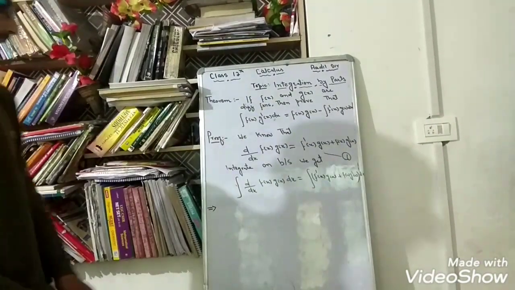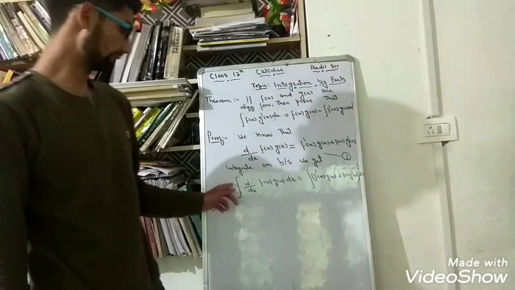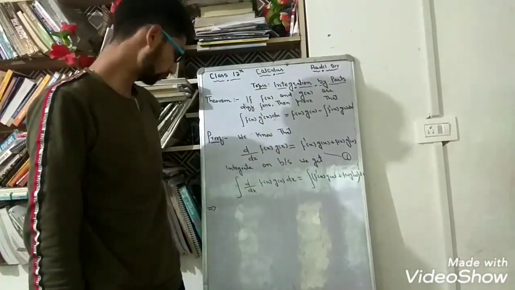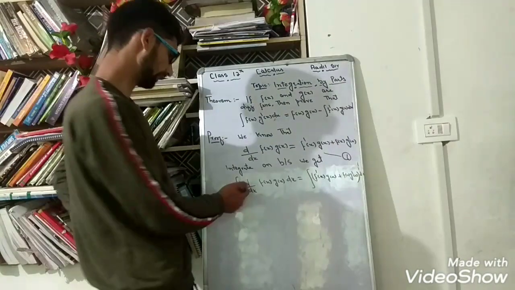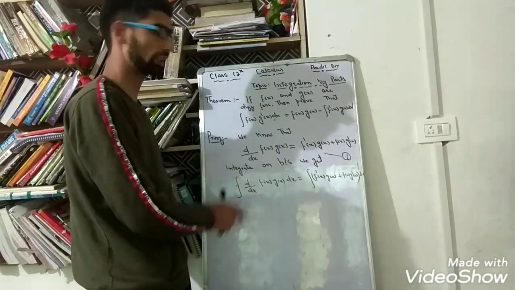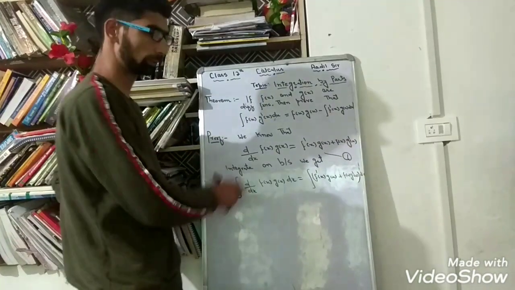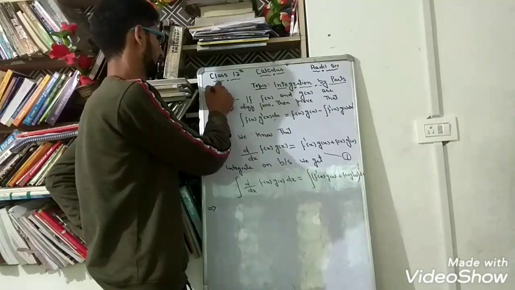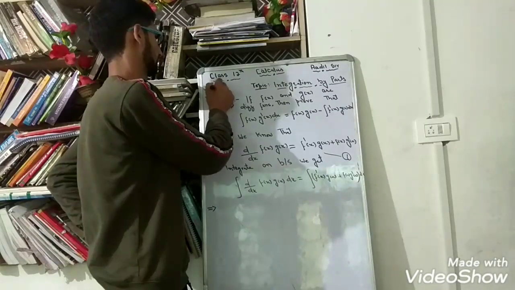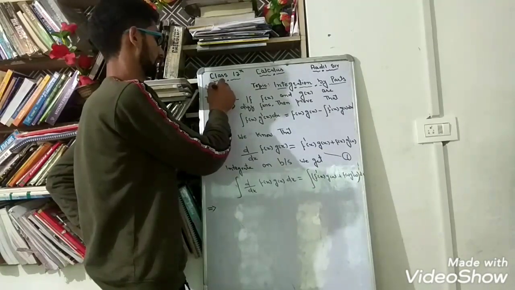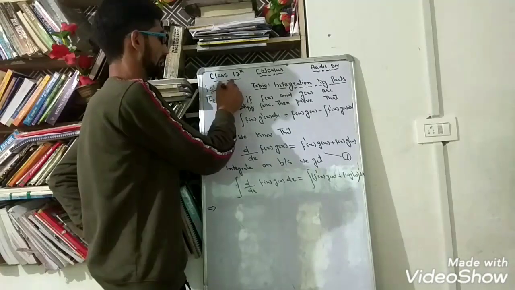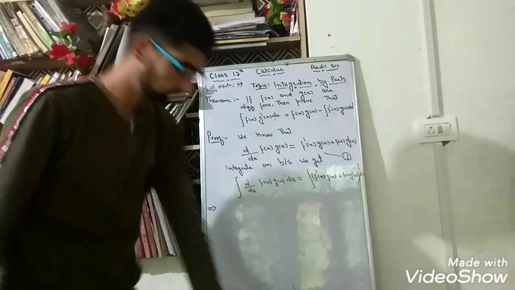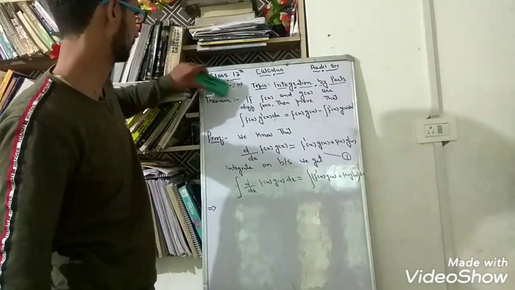Now we know that this integral is actually the antiderivative of the function. So here differentiation and integration are inverse to each other, and they will get cancelled. We have also proved one theorem that d by dx of the integral of d by dx f(x) dx is equal to f(x). We have proved it, so here we will apply this.